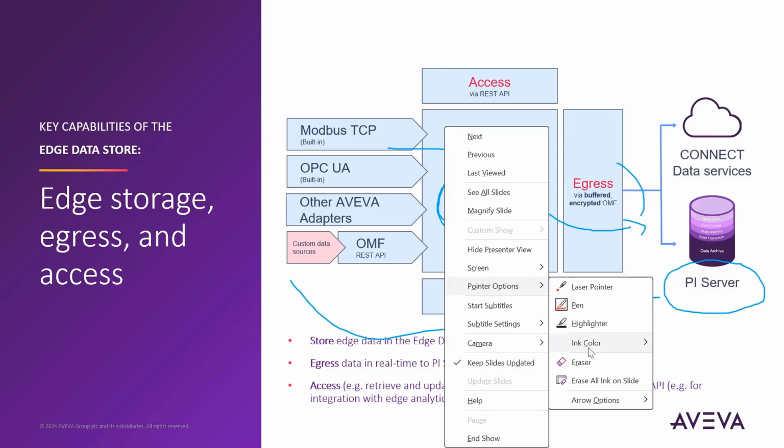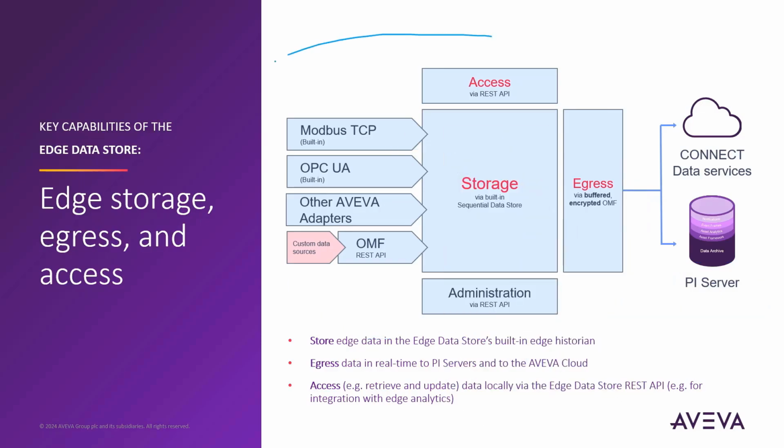Now, let's take another step to erase all this, and let's talk about the security layer that surrounds the Edge Data Store. The Edge Data Store allows itself to be configured via a REST API. You can retrieve data via the REST API. You can write data via the REST API. That REST API is only accessible via localhost, which means any code that needs to read or write from this Edge Data Store needs to reside on the same device where the Edge Data Store is running.